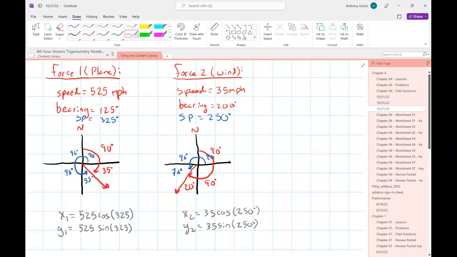Notice that I'm not going to bother with the big crazy picture here, because we don't need it to justify why we just need to add the coordinates. That's really the only reason I drew the picture, to justify that what I'm doing is just getting the coordinates for each of these and adding them together.